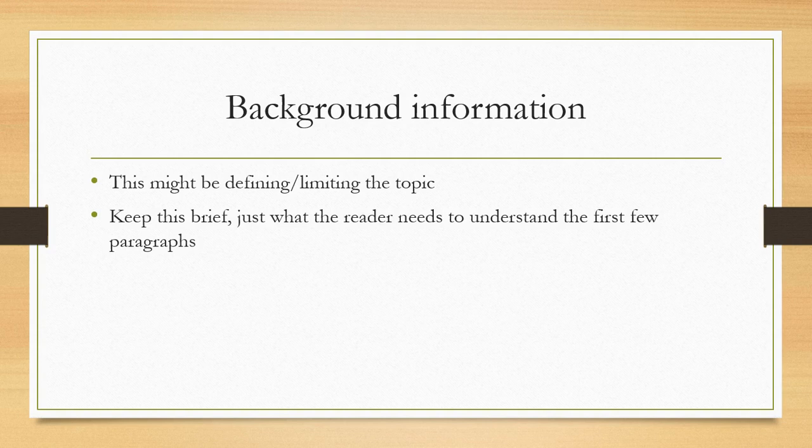So don't worry about putting all your technical information in here, but if you are, say, writing a paper on violence, you might limit the topic in the introduction to violence in major cities in America from 2000 to 2010. That gives them some more information to help them decide if this paper is going to be relevant to them.